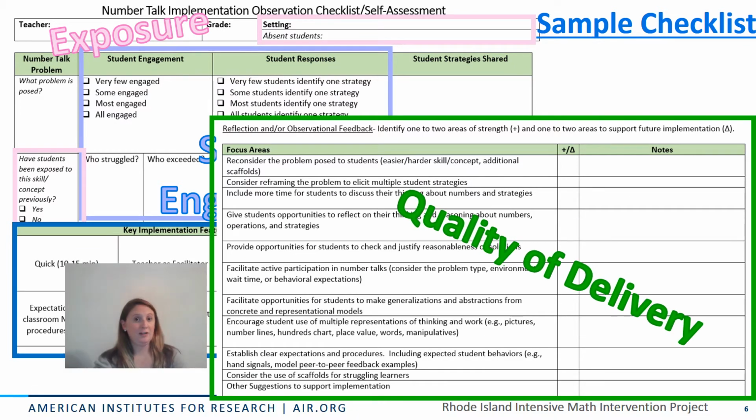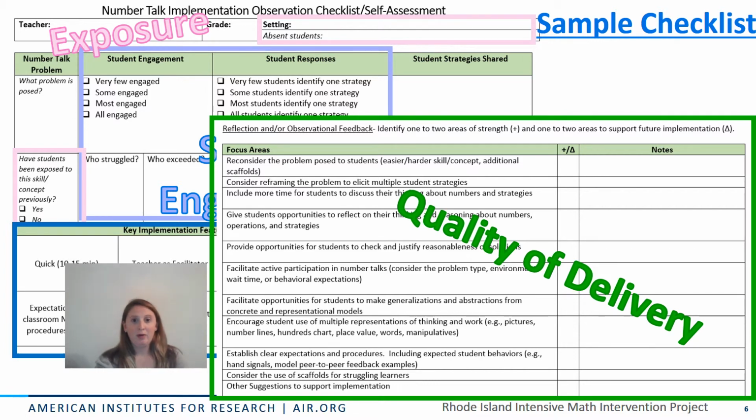Next, for fidelity, we'll look at quality of delivery. The feedback and self-reflection help educators improve their quality of delivery. Based on quick checks, feedback can be provided in a non-evaluative way to improve the quality of delivery. This is a great opportunity for colleagues to have a non-evaluative conversation with one another around feedback.